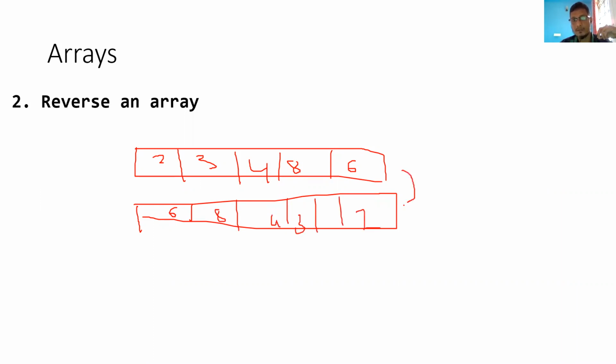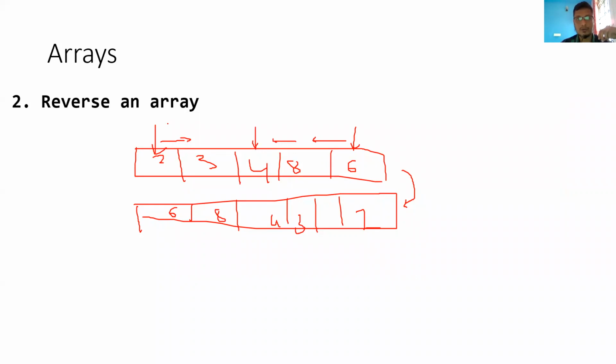How do you reverse the elements? It's pretty simple, right? You start with the first element and swap it with the last element. Then you increment your pointer to the next, and similarly you decrement the last pointer to the earlier one, and then 3 will be swapped with 8. So in the first iteration you will get 6 here and 2 will go here. Similarly in the next iteration your 3 will swap with the 8. When you come here, you check whether low is less than high.